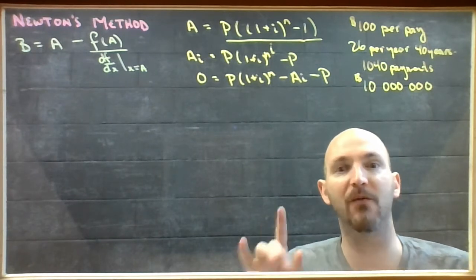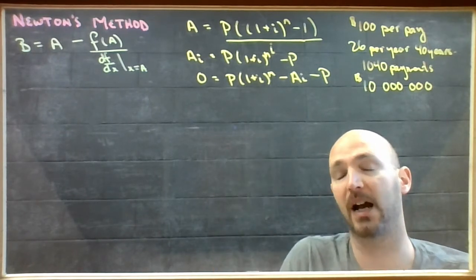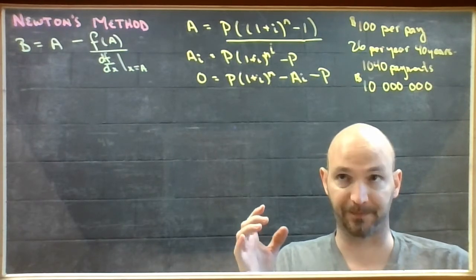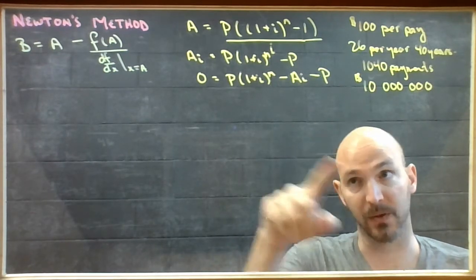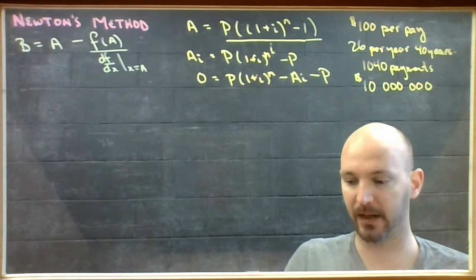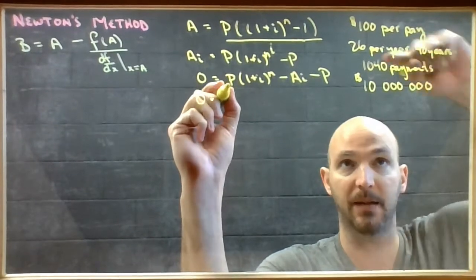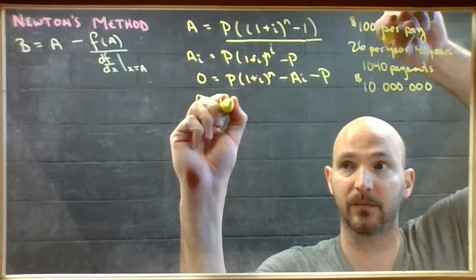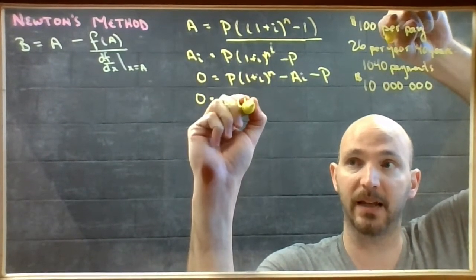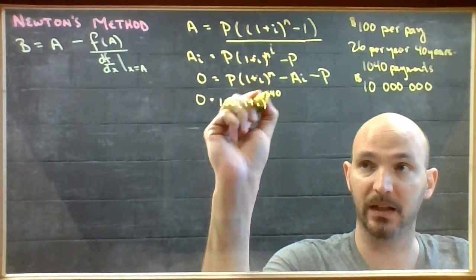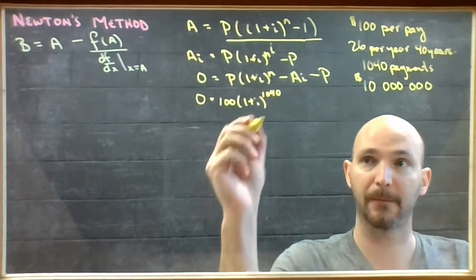But you have never been able to actually calculate the value of I until today. So we're going to put these numbers into that equation and see what we get. So I would end up with 0 equals, my payment is 100. I don't know my interest rate, but I know I'm putting it in for 1,040 bi-weekly payments.